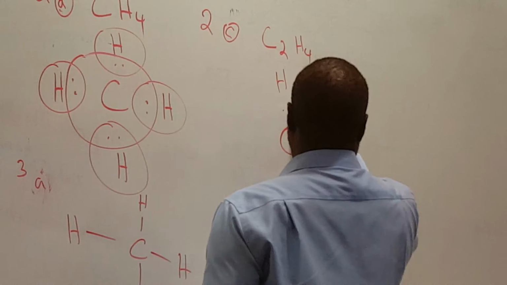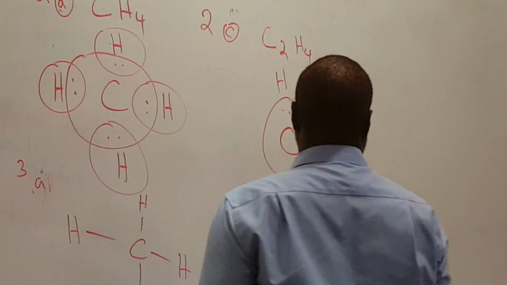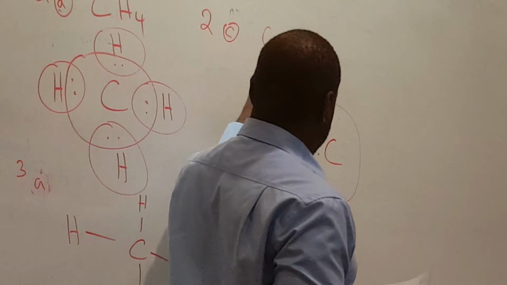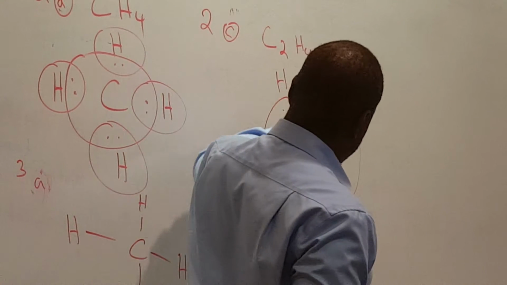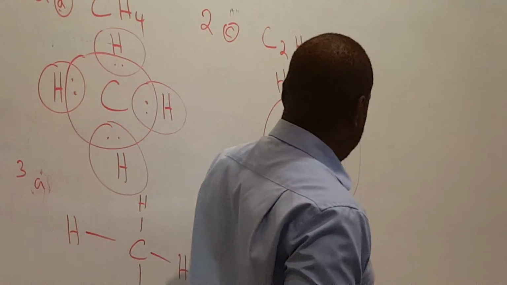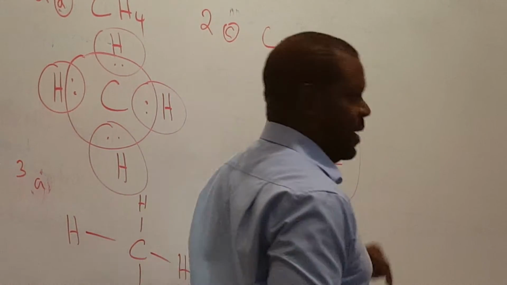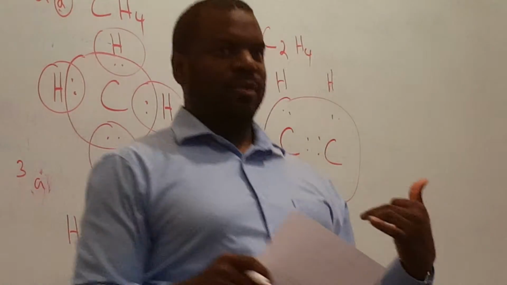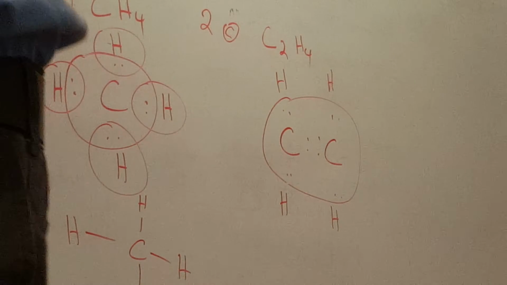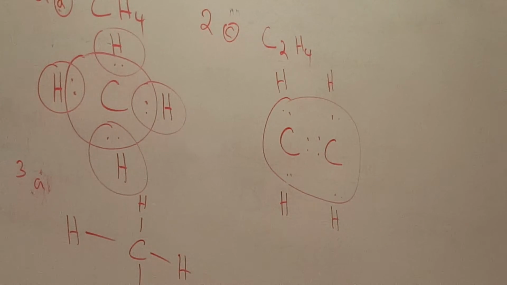Now you can draw your overlap, right? 2, 4, 6, 8, that carbon's happy. 2, 4, 6, 8, that carbon's happy. Now some of you got confused with that because what happens is you count the total share on each one. Some of you try to add in extra electrons and make it work.